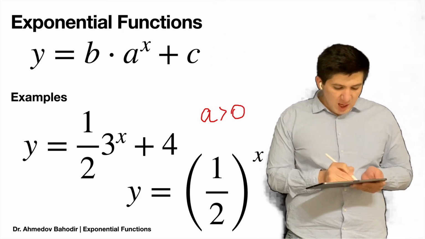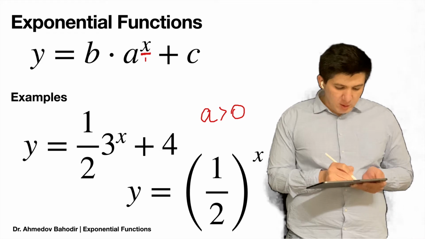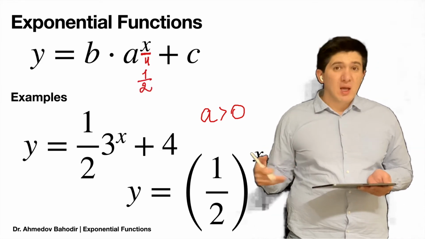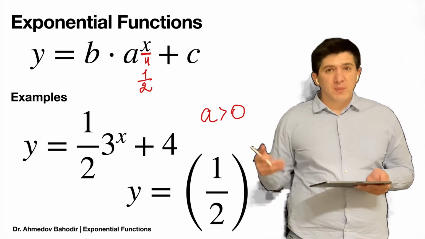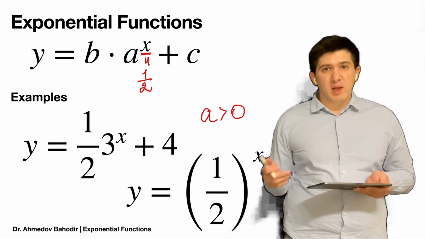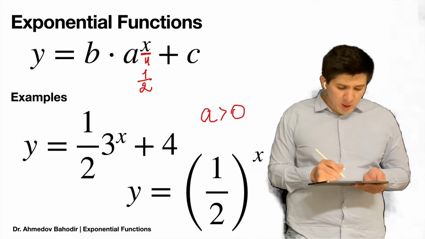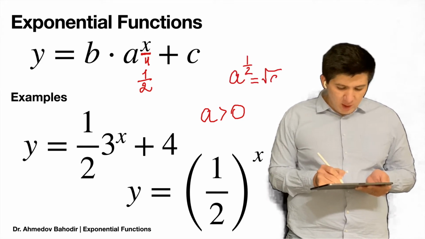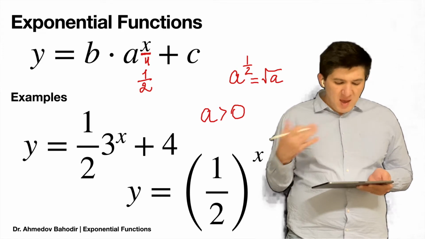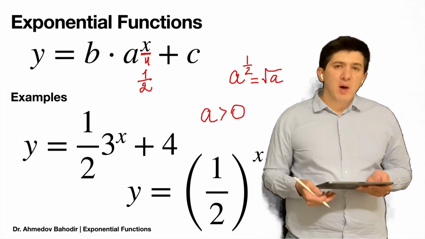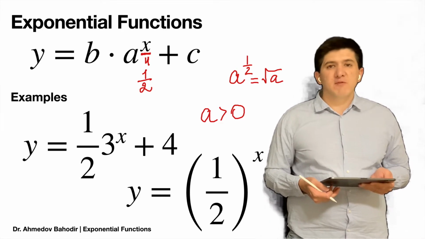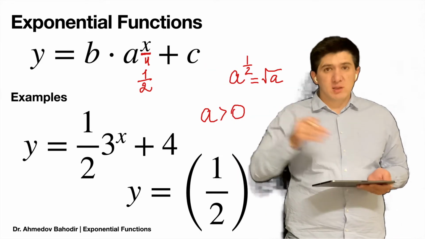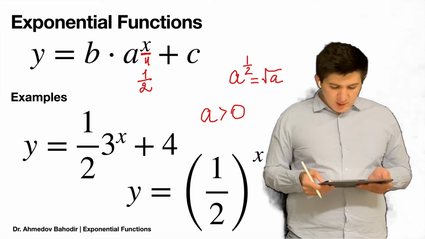So you can take any value for x, including rational numbers with even denominators. If you remember, a to the power of 1 over 2 essentially means the square root of a, right? Just making this constraint that a is always positive enables us to define exponential functions as continuous functions. So let's continue.